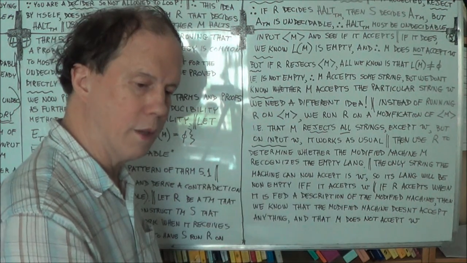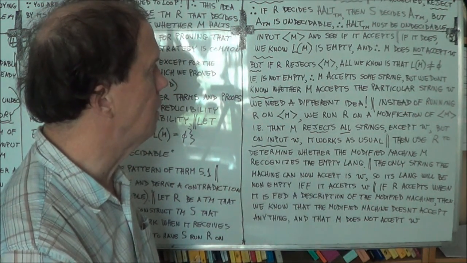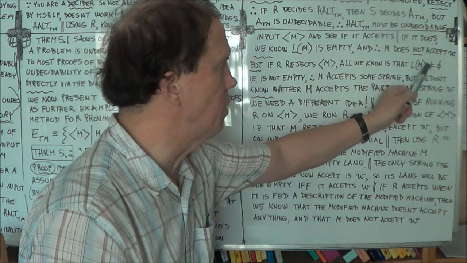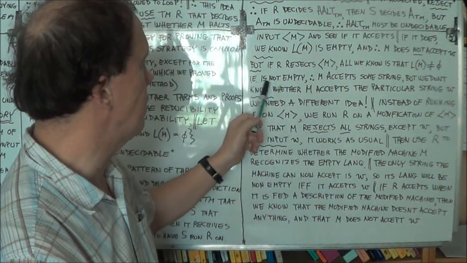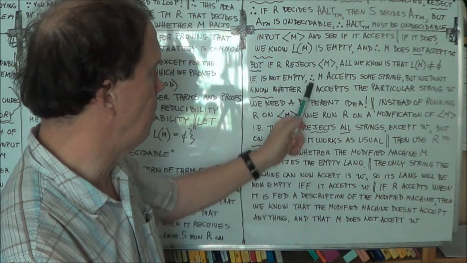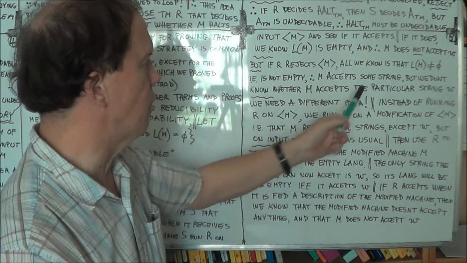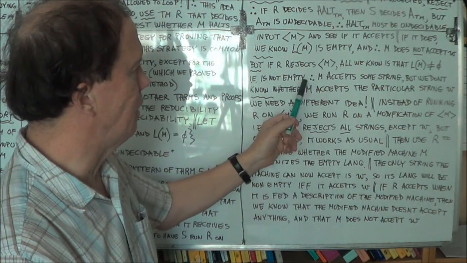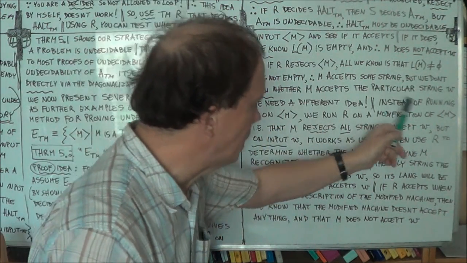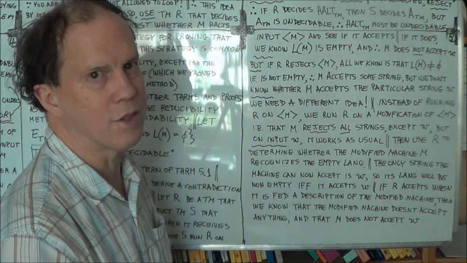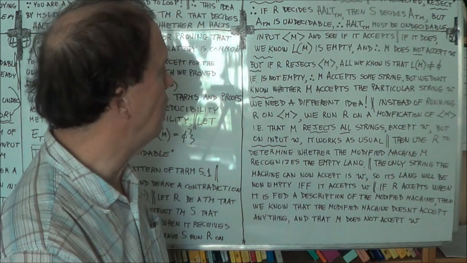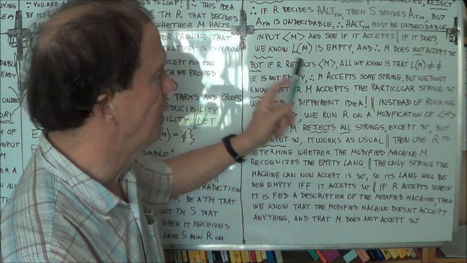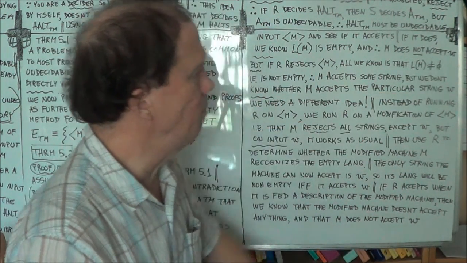So there's at least one string in this language; it's not empty. That means this M is accepting some string. But the point is that we don't know whether M is accepting the particular string W. It could be any other string. All that R is telling us is that this is not empty.